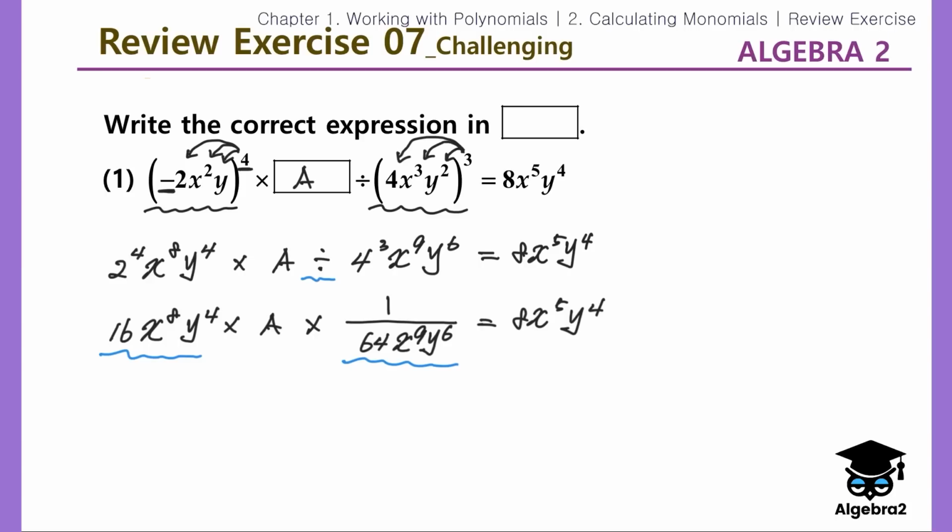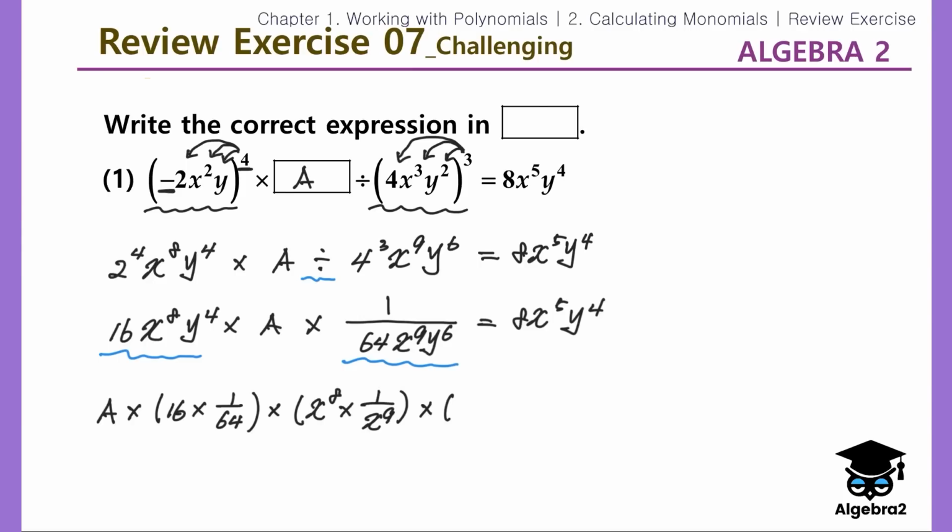Okay? So we have a, so let me write a right over here, a times numbers first. 16. We have 16 times 1 over 64 times we have x to the 8, x to the 1 over x to the 9, right?